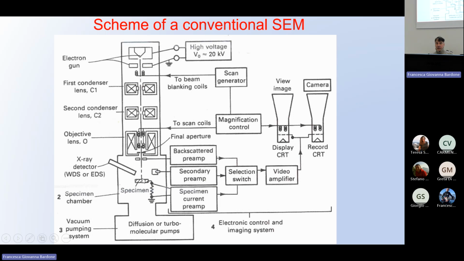Now the beam in this slide is fixed, but you know this is a scanning microscope, so somewhere there should be a system which moves the beam over the surface. And you have scanning coils, which make your beam move, creating an image over the surface. You can decide the shape, the size, whatever, the time. And around your specimen, you have all the detectors I showed you before. This is the main construction of a scanning electron microscope.